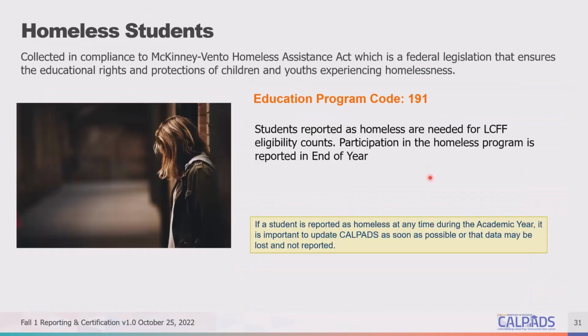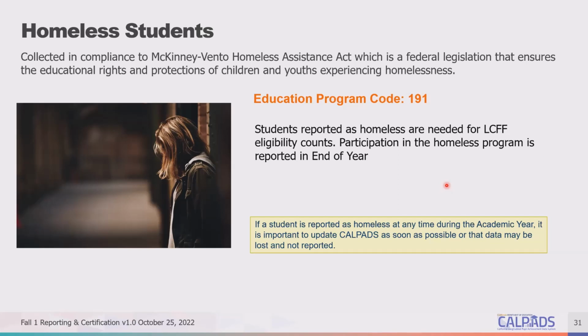Moving on, homeless students. There's always an emphasis from us to report any eligibilities as soon as you gather the information, and this most applies to homeless students because they're always mobile, and it could only be a 1-day or 2-day homeless period that you have to report.